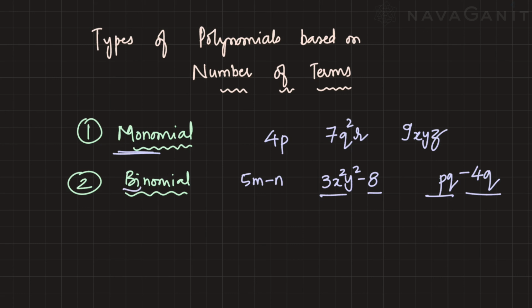In this, the prefix bi means two. So in each binomial there will be two distinct terms separated by either a plus or a minus sign.